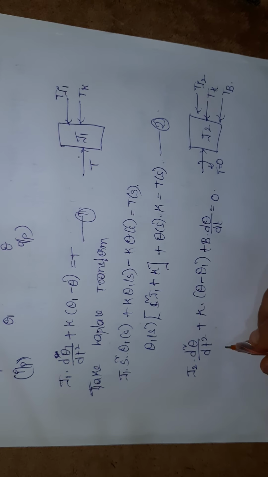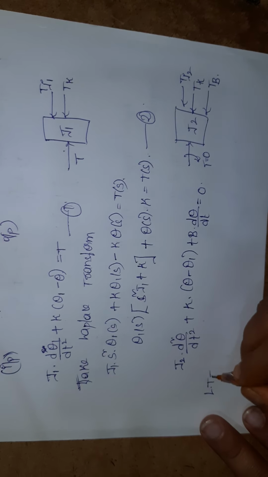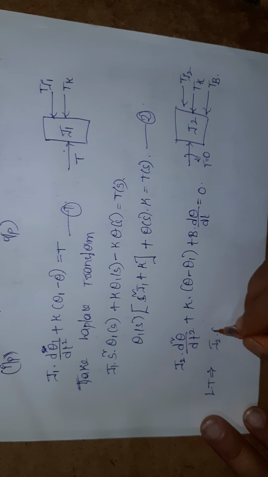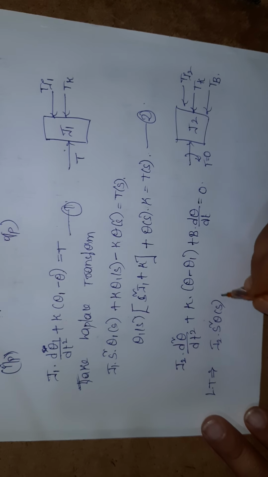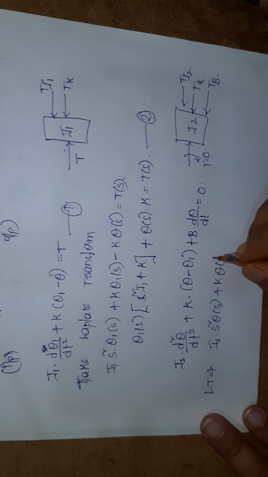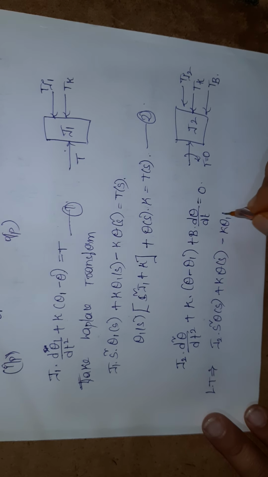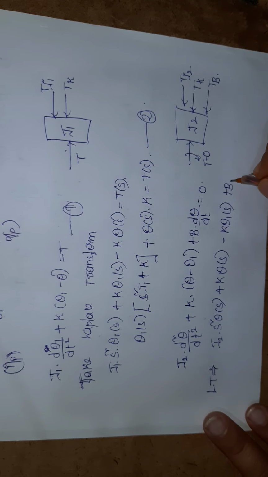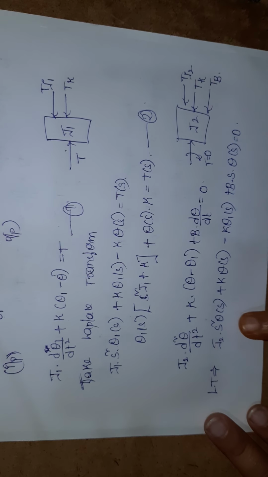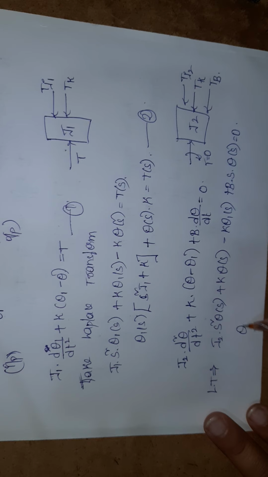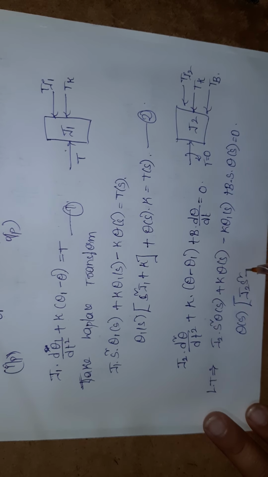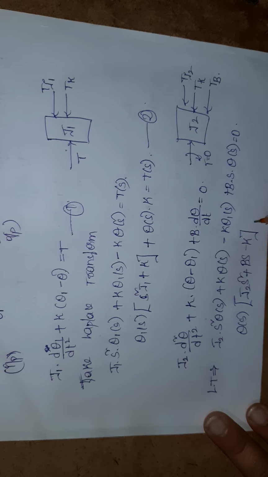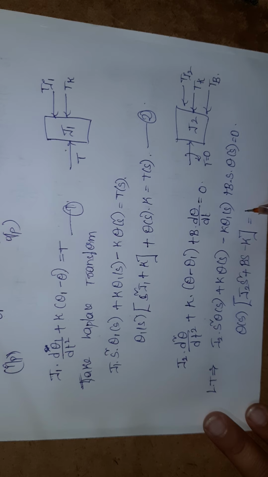Now apply the Laplace transform. I will get J2 s square theta of s, plus k theta of s, minus k theta 1 of s, plus b into s into theta of s, equal to 0. Now take theta of s common.